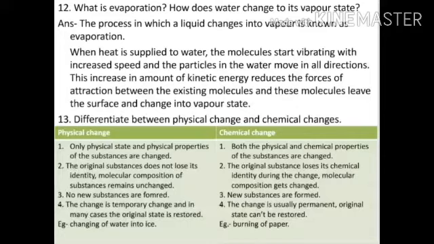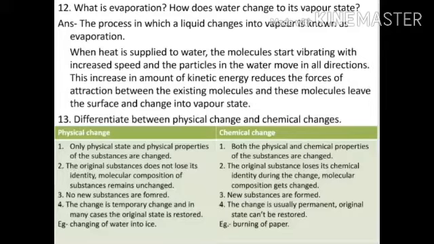Question number 13. Differentiate between physical change and chemical change. Number 1. In physical change, only physical state and physical properties of the substances are changed. Number 1. In chemical change, both the physical and chemical properties of the substances are changed. Number 2.